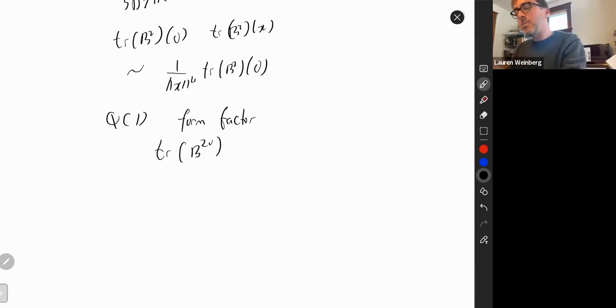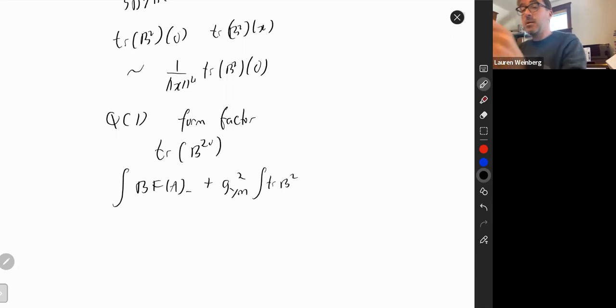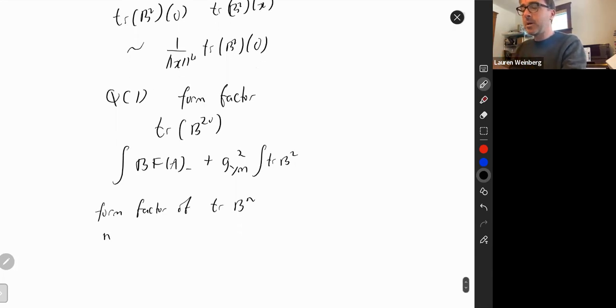Well, let's see. So let's write QCD in this way. What we're computing, if I take the form factor of trace b to the n, you can have n loop terms with no Yang-Mills dependence.